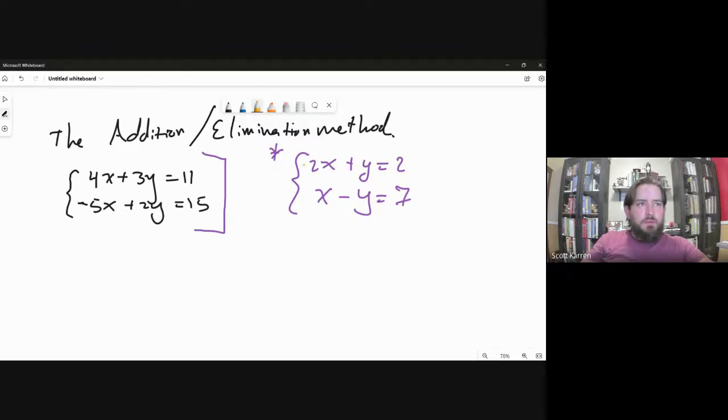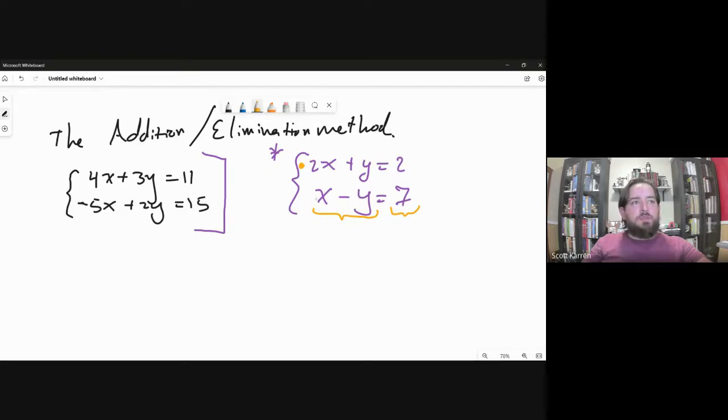All right, we're going to deal with this first equation. To the left of it, I'm going to add this x minus y. But on the right of it, I'm going to add 7, which I can justifiably do because those two things are equal. X minus y is equal to 7. So if I add x minus y to the left and 7 to the right, what happens?